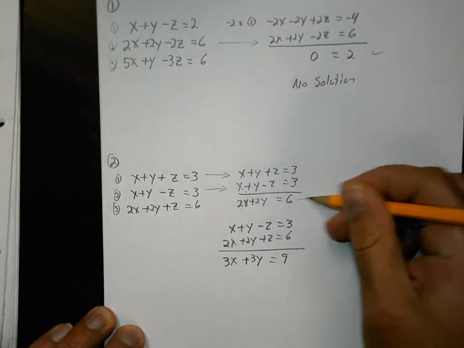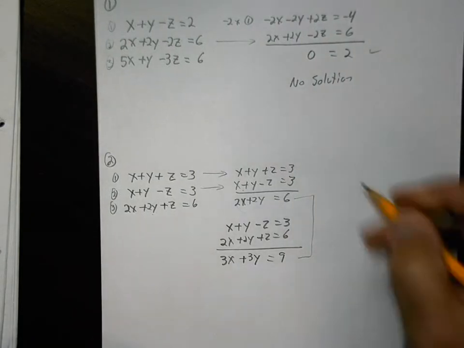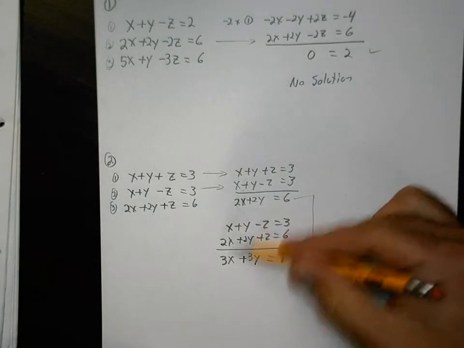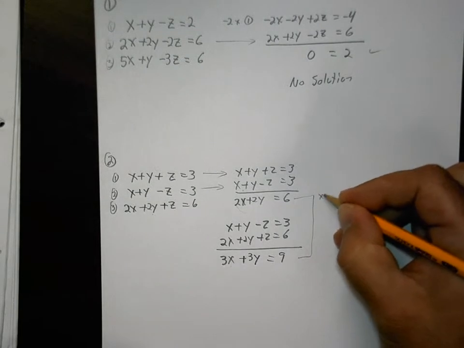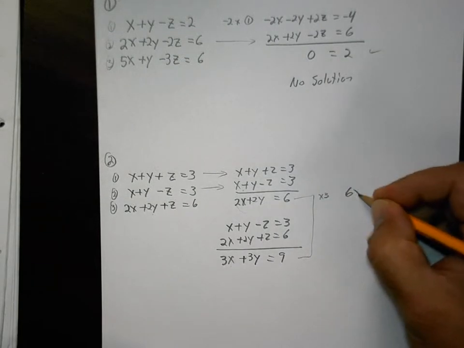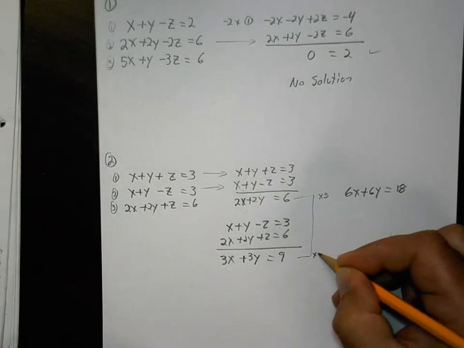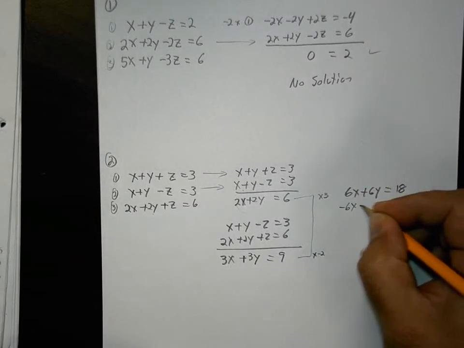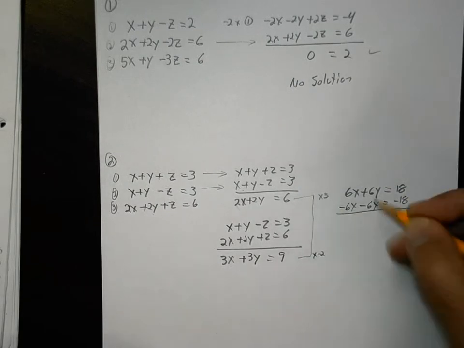Now I have my two equations that I combine and solve as a system. I could take this one and multiply it by 3, and multiply this one by -2, so I have -6x, -6y, -18, and look what happens here.